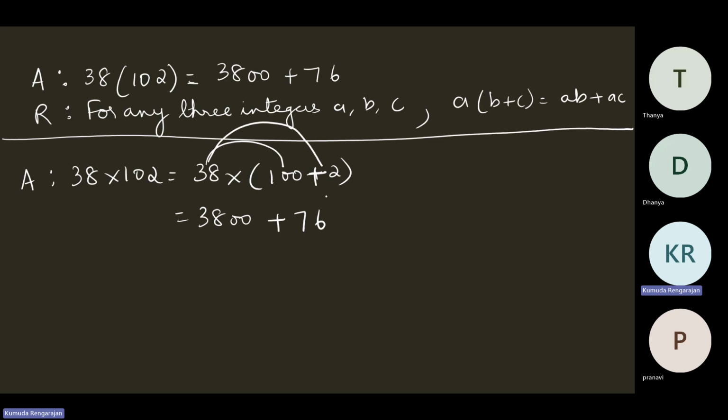So the assertion is correct. This is how we'll solve using the distributive property of multiplication over addition. To multiply 38 and 102, we'll use the distributive property of multiplication over addition. We'll write 102 as 100 plus 2.